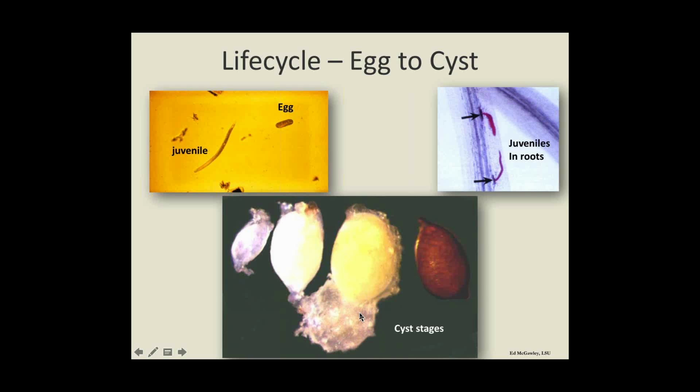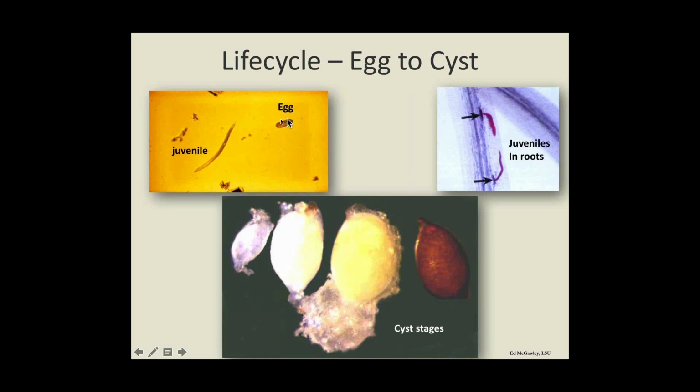Those are immediately infective and will infect plants that current year. It will also produce eggs and store them in her body, and some of them are used in that current year, but many of these are for the following years. So anytime we go out and take a soil sample and we collect cysts, you will collect cysts from different years. So you have this huge mix of cysts in your field.